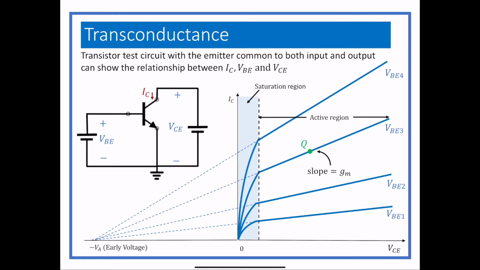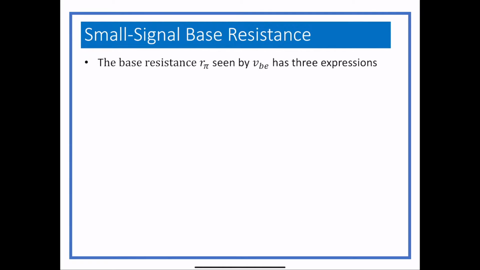So the things that we need to find when we do the DC analysis and the models that we use, that's all I'm going to talk about today. First of all, we oftentimes look at the base resistance. So we look into the base, and VBE is right at the base of the transistor.